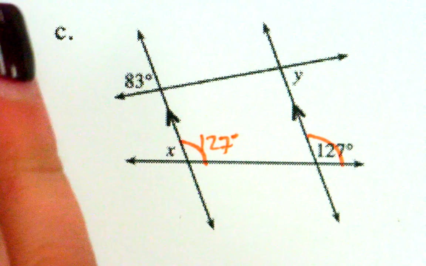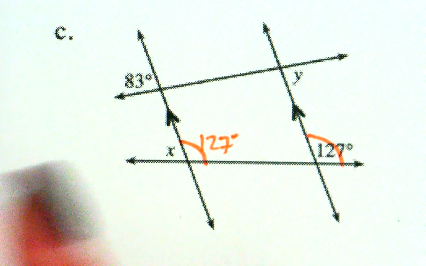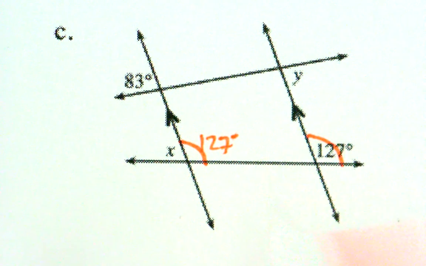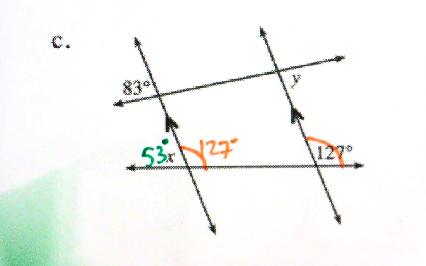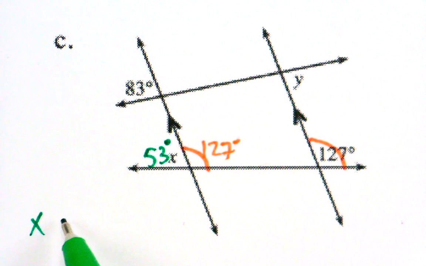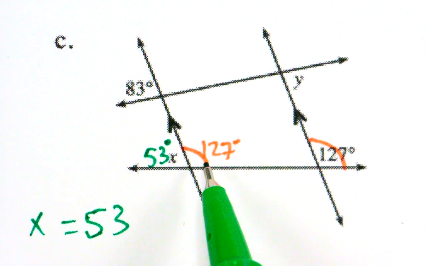So 180 minus 127 is going to be 53. So this is 53 degrees. So x equals 53. And your reason is we'll use corresponding angles to get there. And then I would just say linear pair.